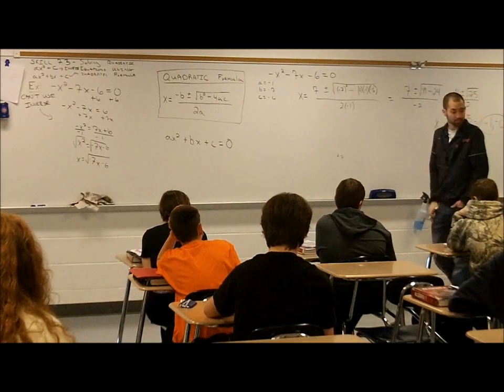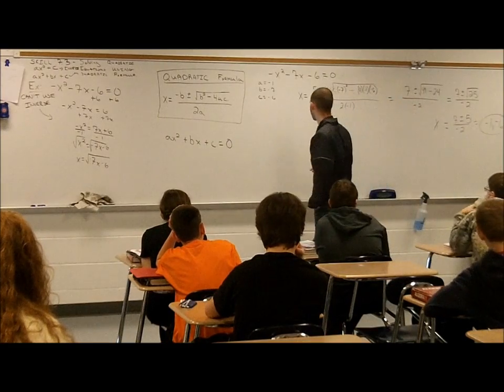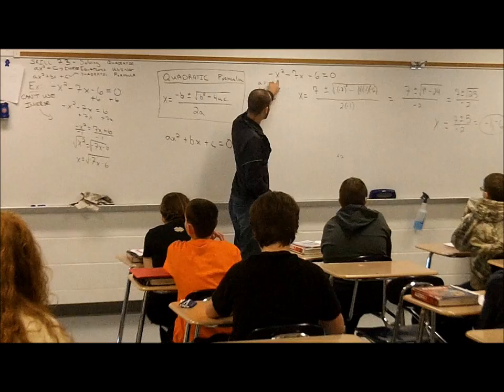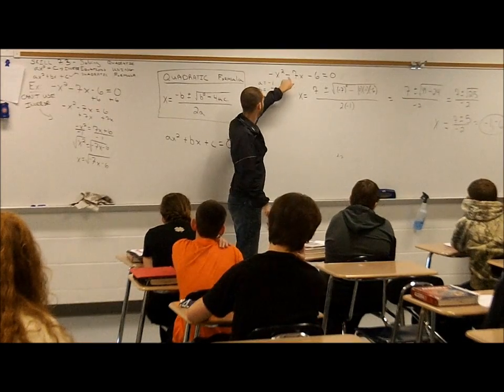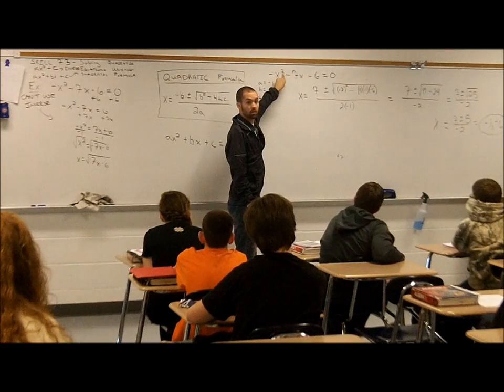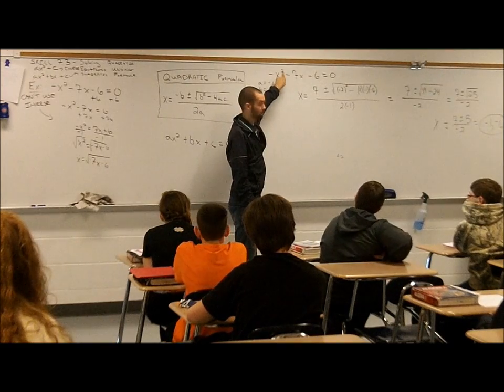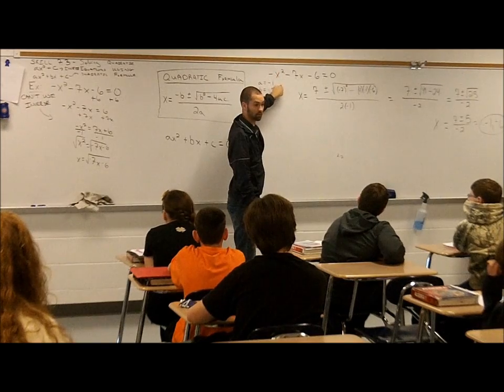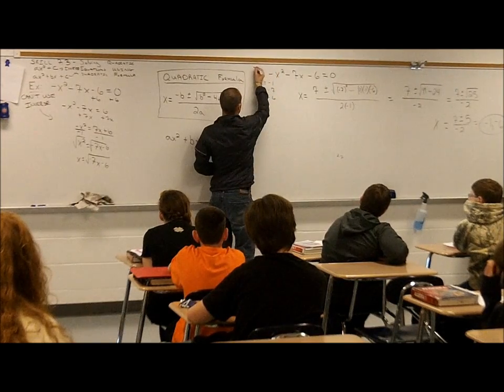How could you check? Plug them back in. Okay? So let's try it. I plug negative 1 back in here. Okay? Negative 1 squared. 1. Negative, the opposite of a positive 1. Negative 1.